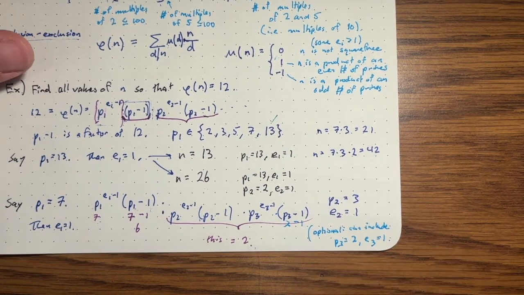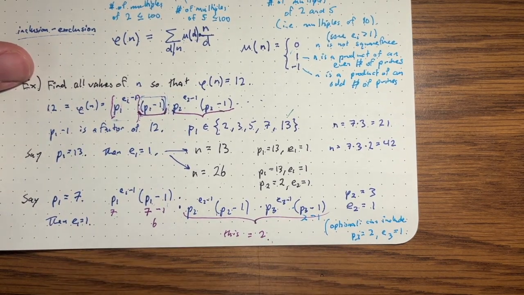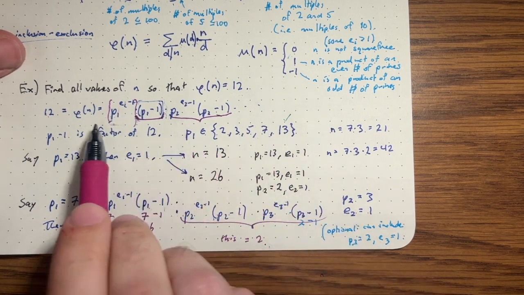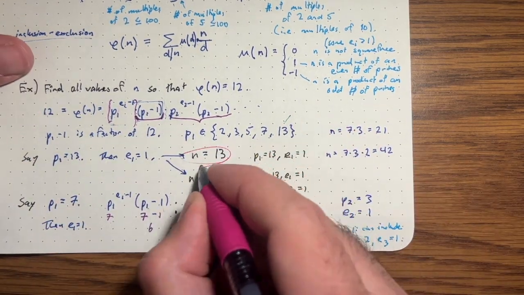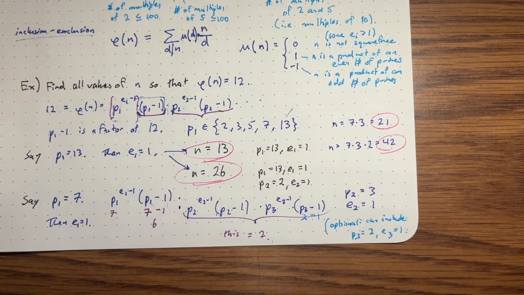But there are more possibilities. So I'll let you, if you enjoy this kind of thing, try to continue through and think about all the ways that you can get this equal to 12. Every time you do, you produce a value of n. These are the ones we found so far. I believe there are 2 more possible values of n, so it's a challenge to try to find them.